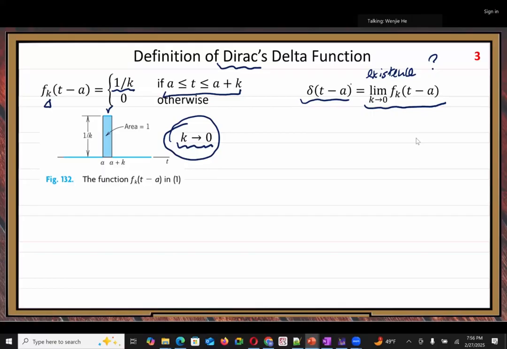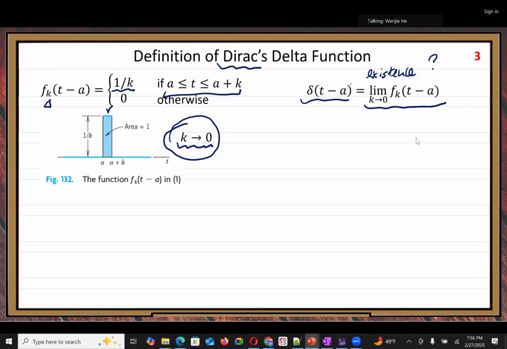There is a definition of a function, and this delta function does not follow it. But why do people use this special notation?